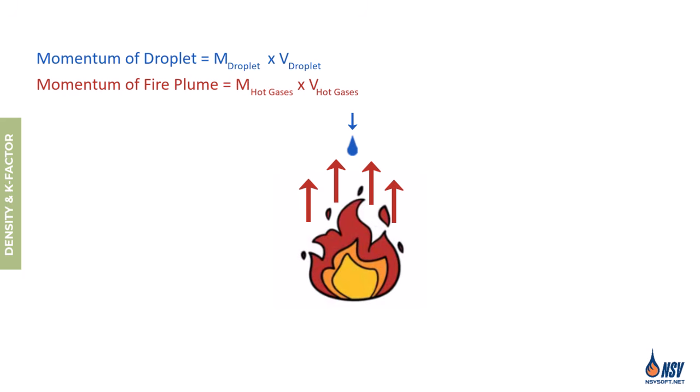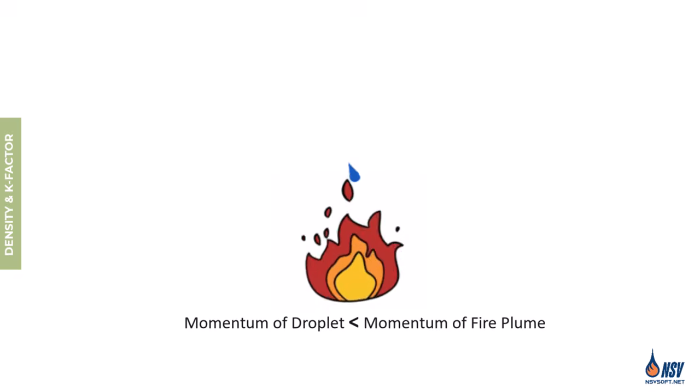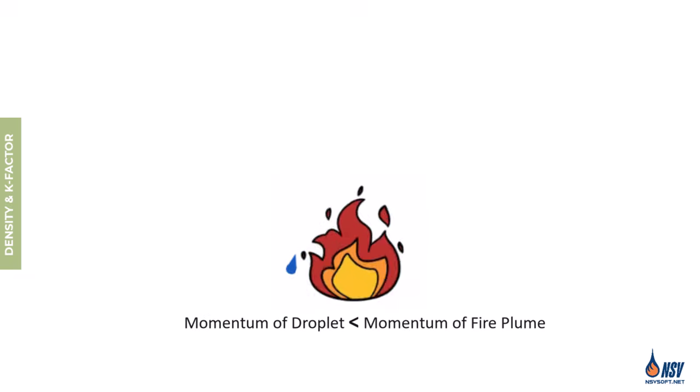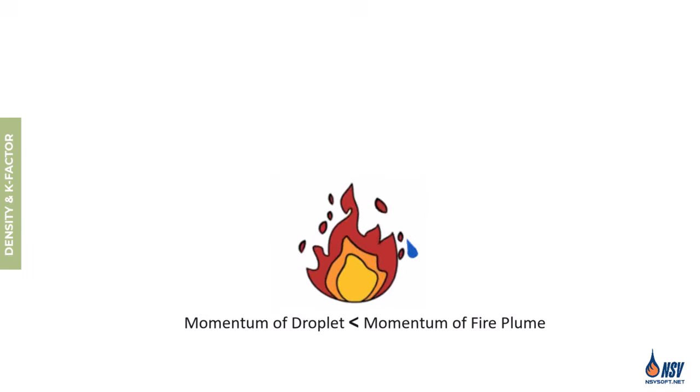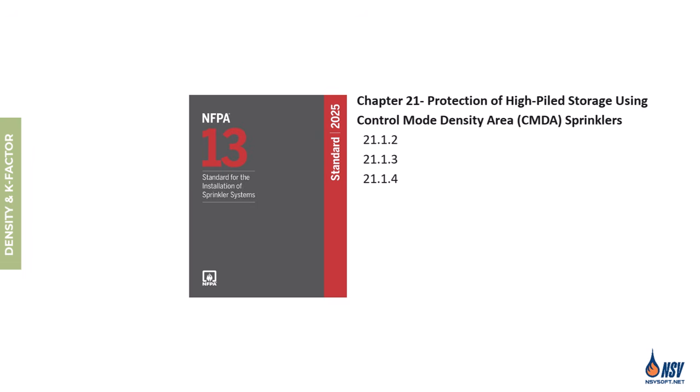Droplets with lower momentum may fail to penetrate the fire plume, which has its own upward momentum. Without sufficient impact, these droplets cannot reach the burning surfaces effectively, and the sprinkler system may struggle to control the fire. Therefore, to help manage operating pressure and ultimately control droplet size and momentum, NFPA 13 specifies requirements for control mode density area or CMDA sprinklers.